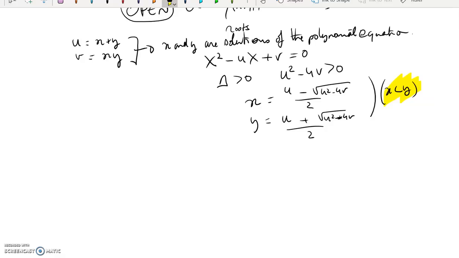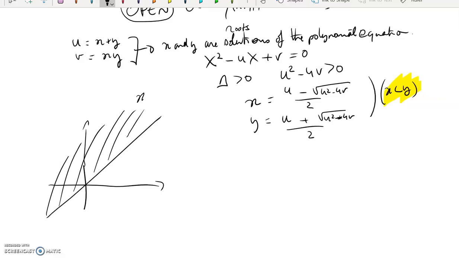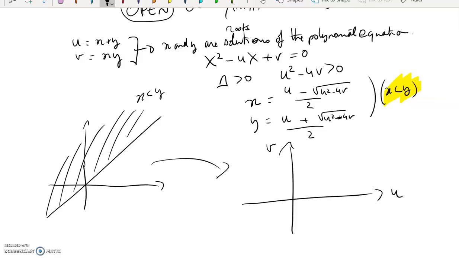If you want to go just slightly further, let's show that in the xy plane, you have this location, x smaller than y, and that sends you in the uv plane to something that is going to be separated by a curve, v equal to 1 over 4 u squared, something looking like a parabola.